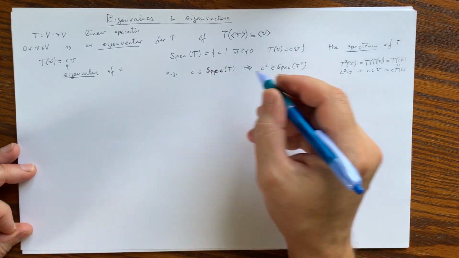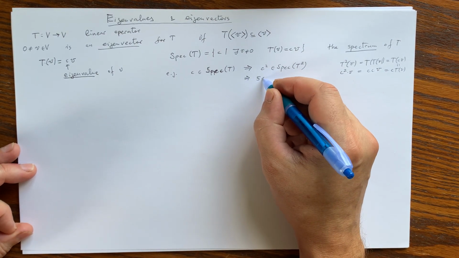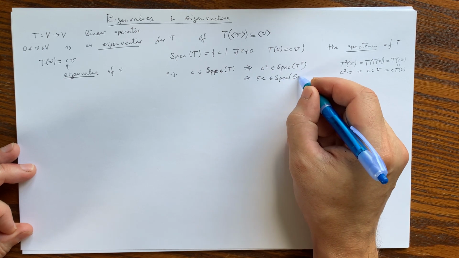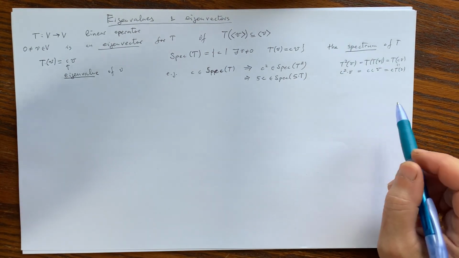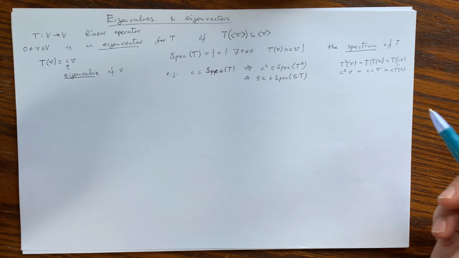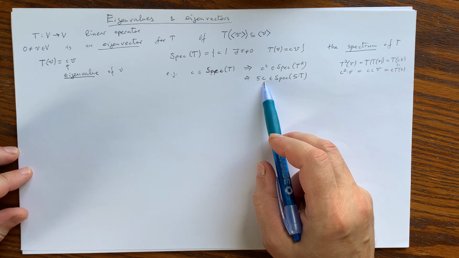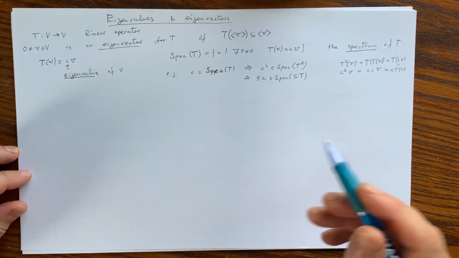The same way we can prove that, say, 5 times c is an eigenvalue of 5 times T. So we can multiply operators by numbers, and 5 times T is the operator which does T, whatever T does, and then scales it by 5. And then the number 5 times c will be the eigenvalue of that. The proof is totally identical.